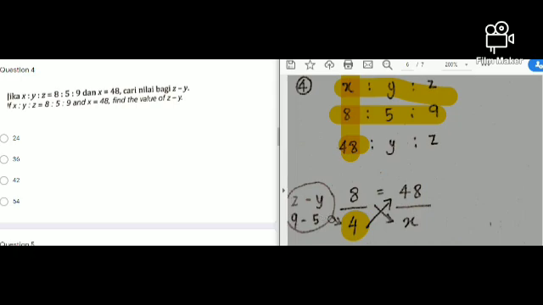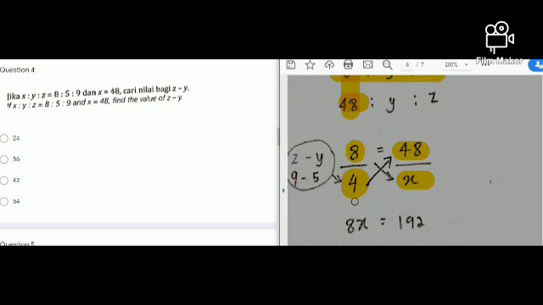But you don't know what value 4 represents, right? So if you don't know, just write it x. And since the question already gave you 8 is 48, you just write 8 equal to 48, 4 equal to x in the fraction form.